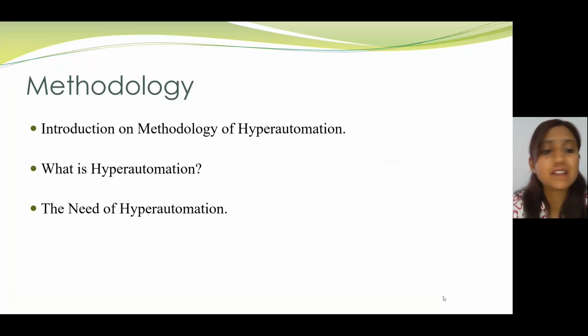Now let us start with what is hyperautomation. Around 2019, the IT research and consultancy firm Gartner used the term hyperautomation for the first time. Hyperautomation is ranked first on Gartner's top 10 strategic technological trends for 2020.